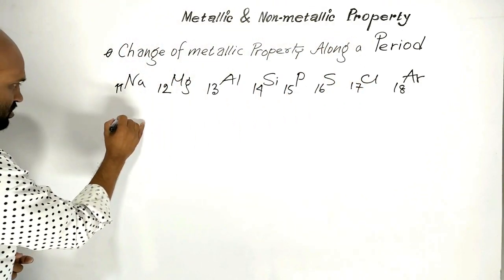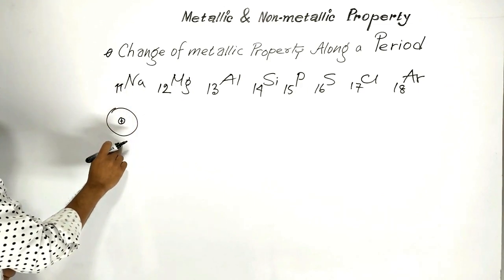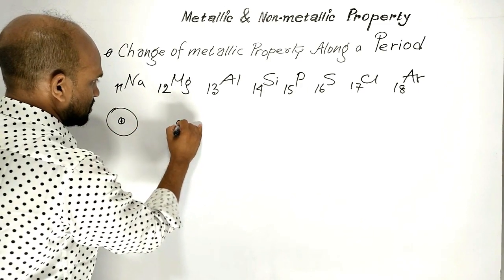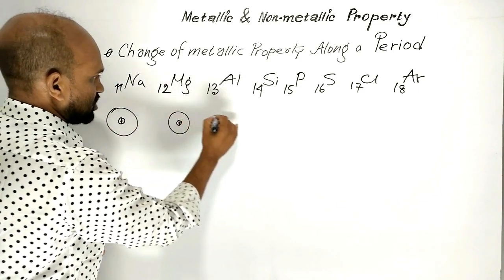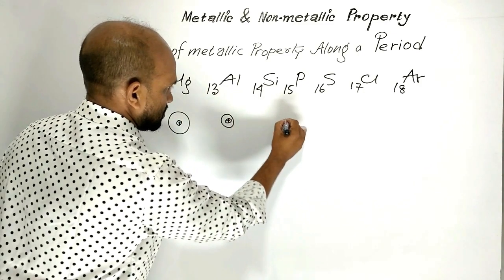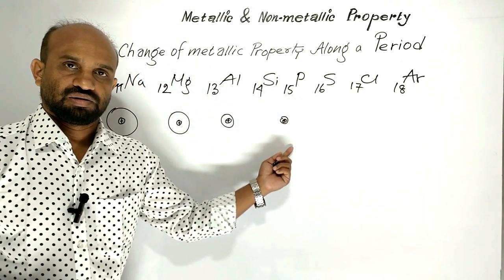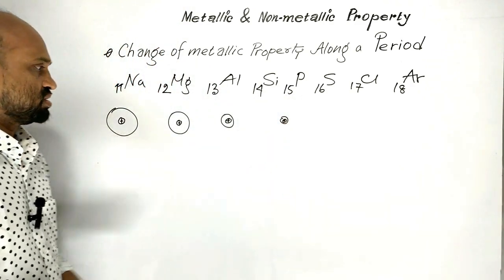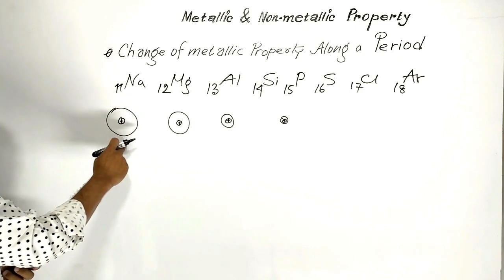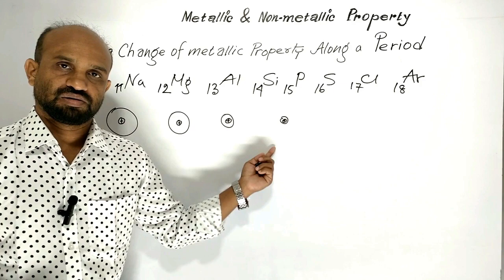We know from left to right along a period, atomic sizes of elements decrease.